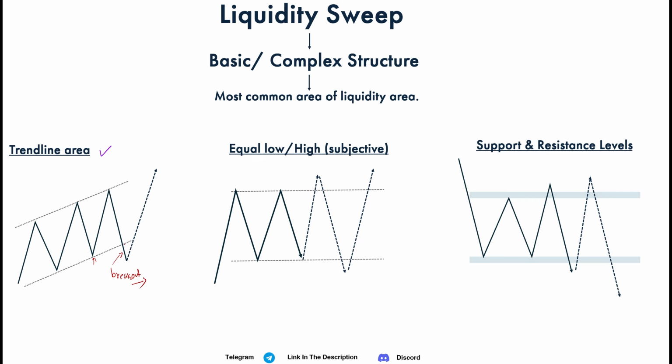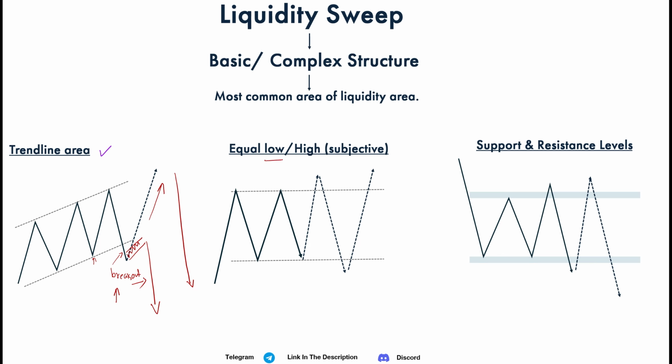And then most of the people will wait for this correction or maybe a pullback before they can see price moving lower. But suddenly price shifts to the upside once more before it can drop lower. This is where in this video we are going to fix those kinds of mistakes.